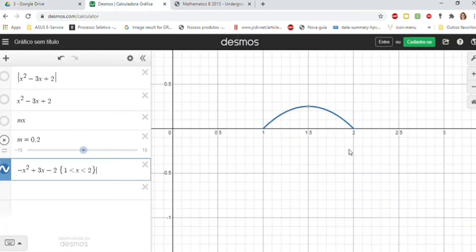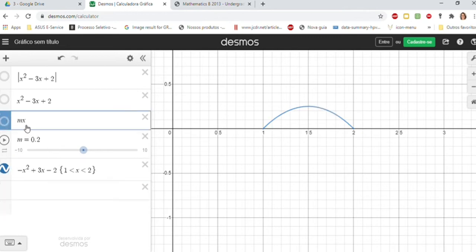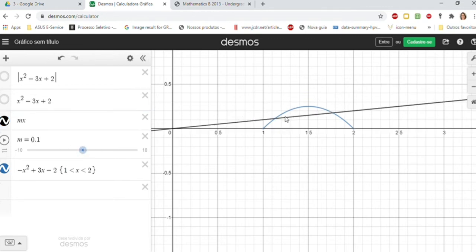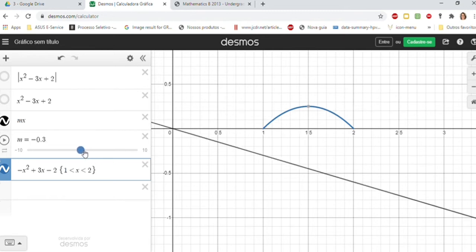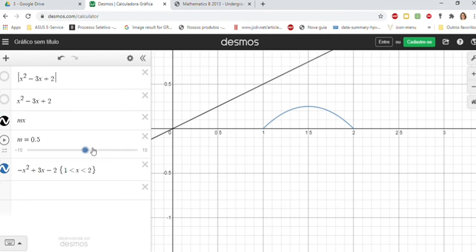and if it has only one solution, then it's tangent. Look, if this function equals m of x has two solutions here and there, then delta must be bigger than 0, right? If it has no solution at all, then delta is smaller than 0.